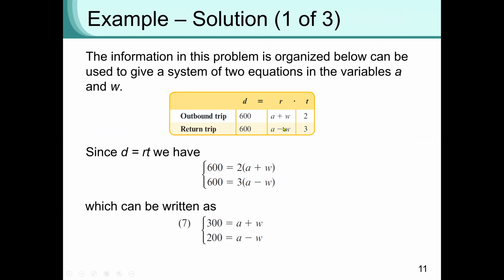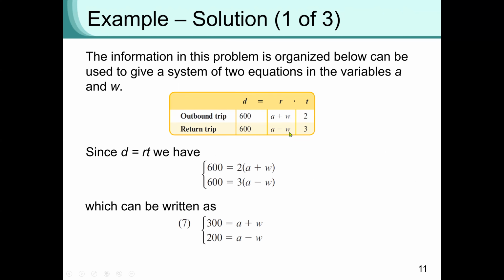So here we write our expression. We know the distance, again, is R times T, the rate and the time. So here, the R when we are going is A plus W, and the time is 2 hours. On the returning trip, the wind is going in the opposite direction to the airplane.